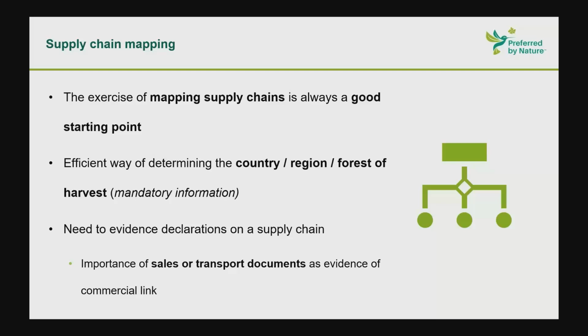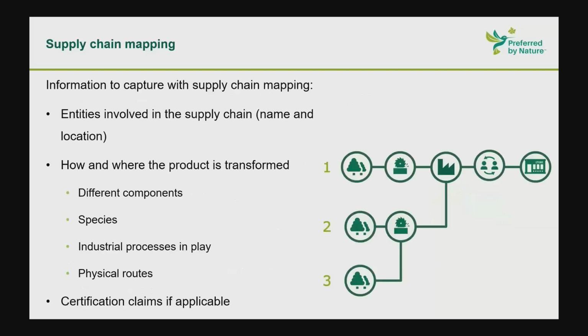It might be necessary to support your supply chain identification, right? And to support the fact that there is a commercial link between all the entities leading back to this country. And then you can focus on the risk of illegality in the country of harvest. But you need to have a certain level of trust into the fact that this is the country of harvest where your timber is coming from. So supply chain mapping, quite important and a good way to start your due diligence process.